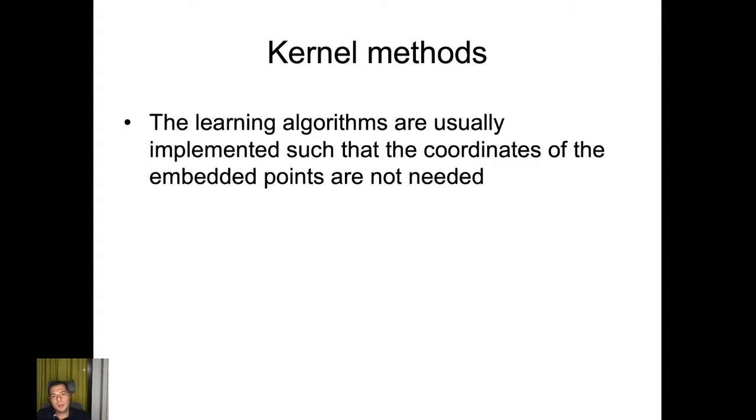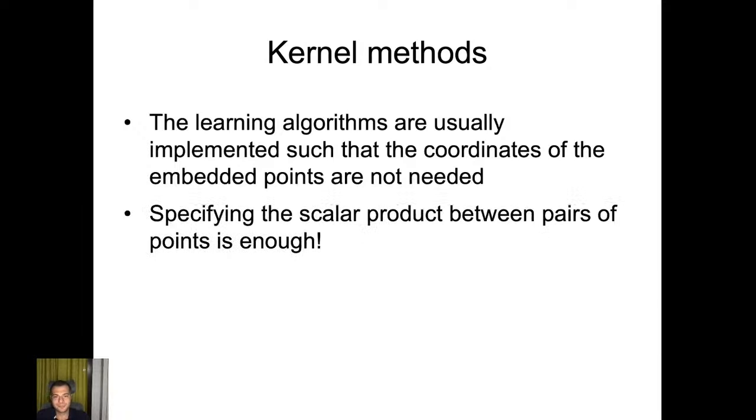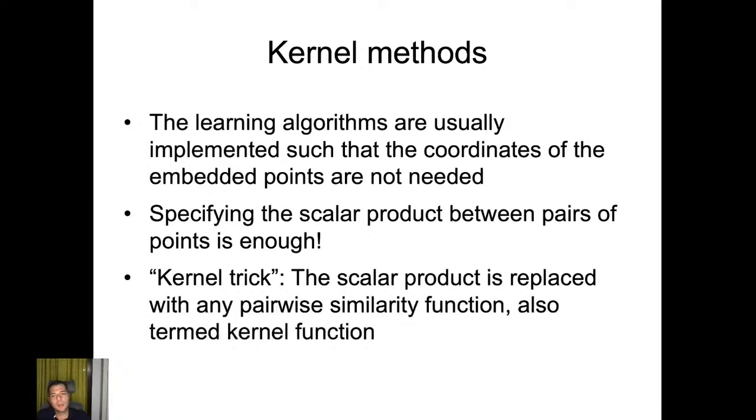Okay, so as I said before, if you do this in the dual representation, then you do not need to represent the points. You can skip this part and use a different representation that is given by the scalar product between pairs of points.